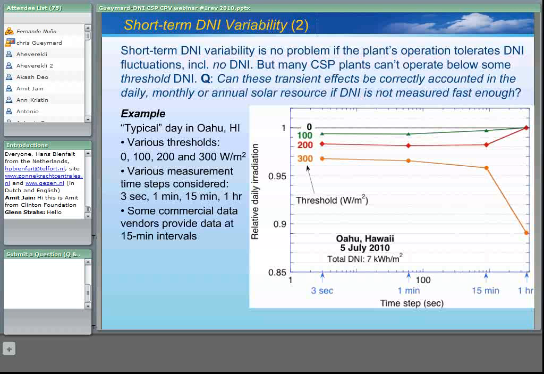It's because some commercial data vendors provide data at 15-minute intervals. The hourly time step is more common, but as we found out, especially for that day, if you go from 15 minutes to 1 hour, you don't know exactly what you do, and you can lose your short-term variability in the process.